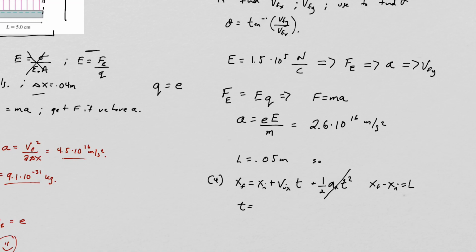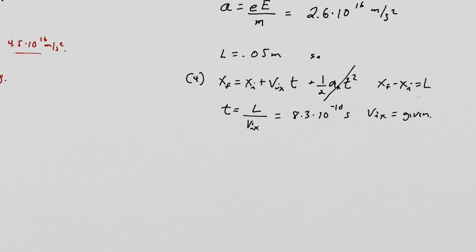And so the time can be solved for by being the length divided by v initial in the x. And of course, this is going to come out to be a horrendously small time, 8.3 times 10 to the minus 10 seconds. Again, that's using v initial in the x as given, the 6.0 times 10 to the 7.